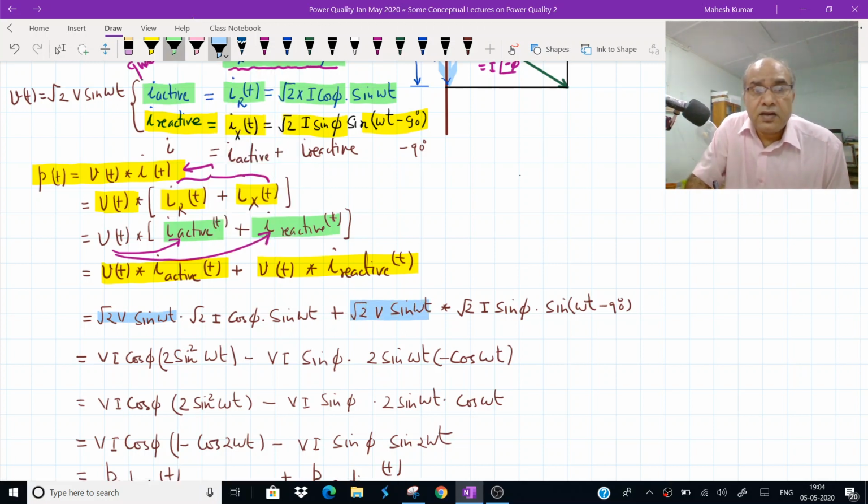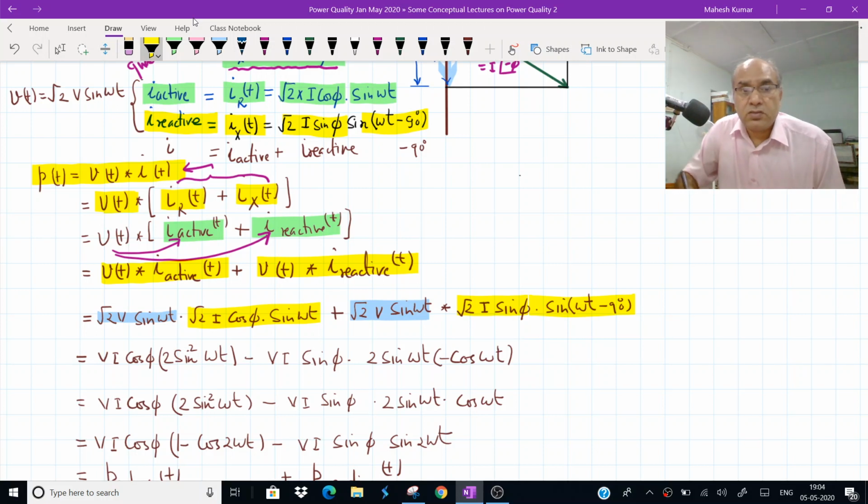And then we have root 2 I cos phi sin omega t, the in-phase component of current, I active component, and root 2 I sin phi into sin(omega t minus phi) is the reactive component of the current. So this is basically I reactive, and this is I active.